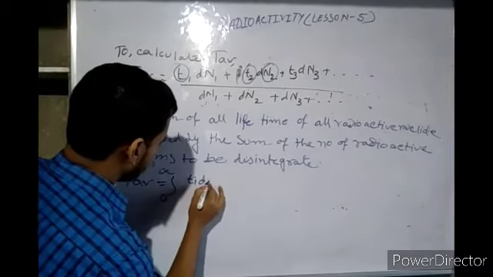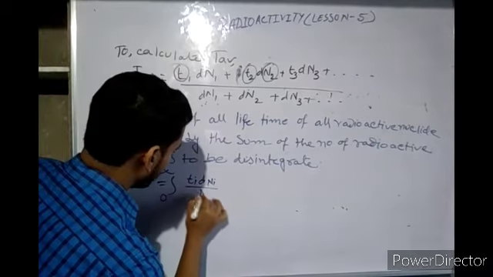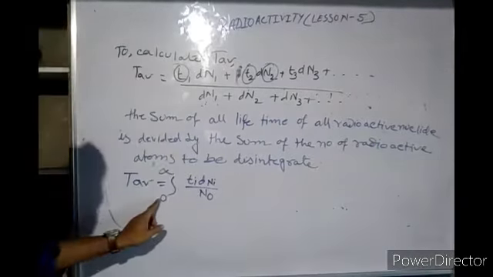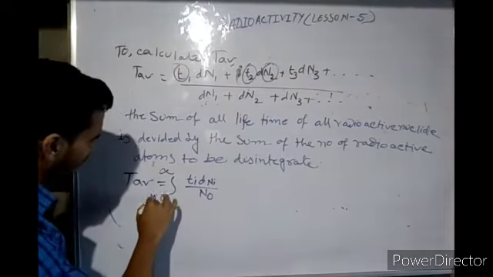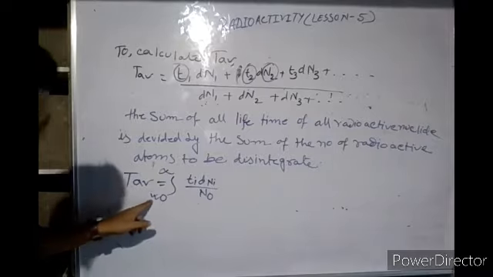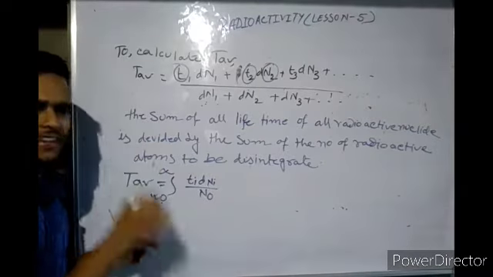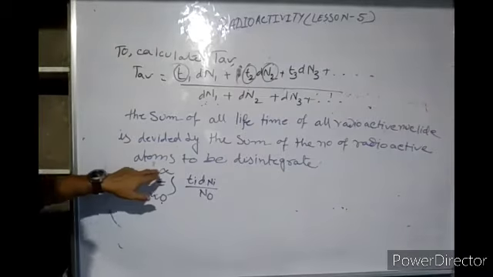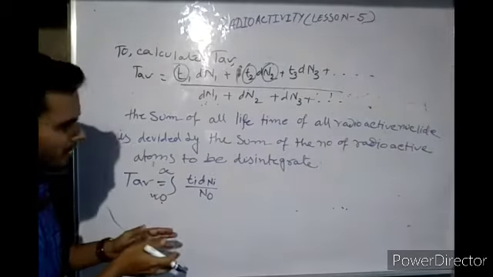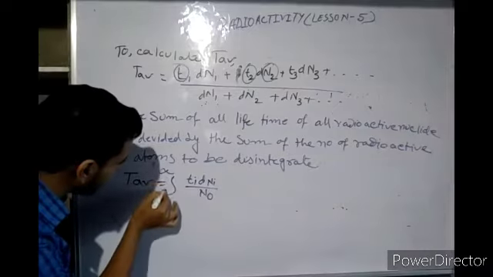T average is the integral of Ti dNi by N0. Here the limit is 0 to infinity, because we know that any radioactive substance disintegrates at initial time, or takes infinite time, so any radioactive substance disintegrates in this range.